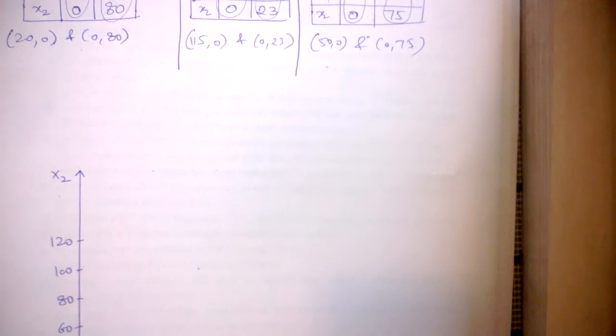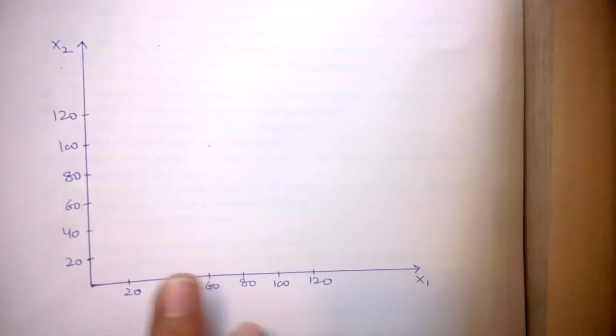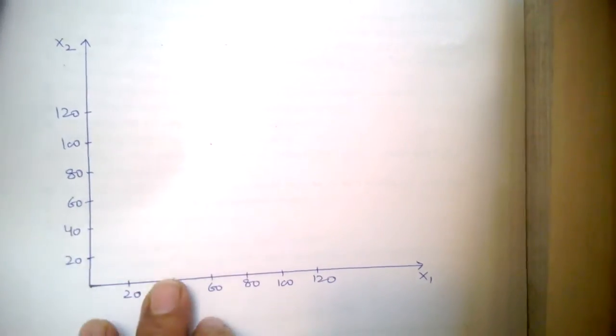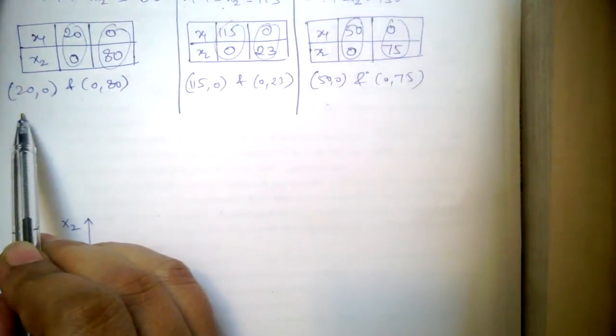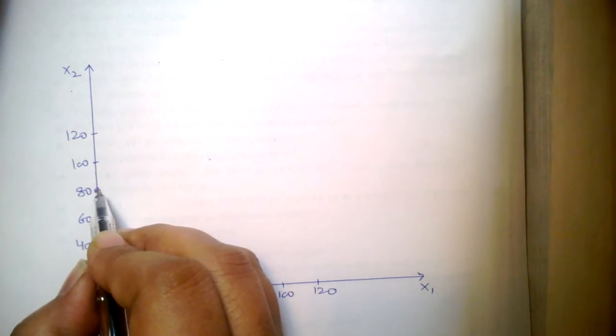So we have coordinate axis here. First we are going to plot the first line. The points are 20, 0 and 0, 80. So the 20, 0 point is here and the 0, 80 point is here.